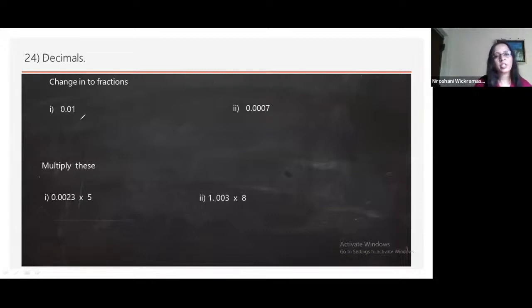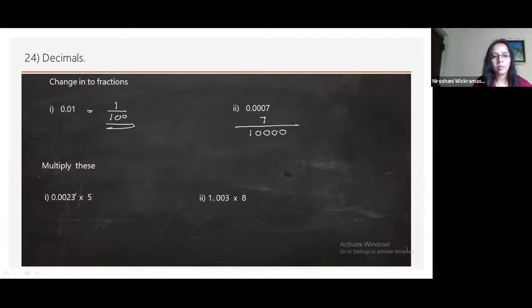Change into fractions. I told you, in 2 decimal places, for the denominator you have to include 2 zeros. It means 100. Here there are 4 decimal places, so for the denominator you can write 10,000.